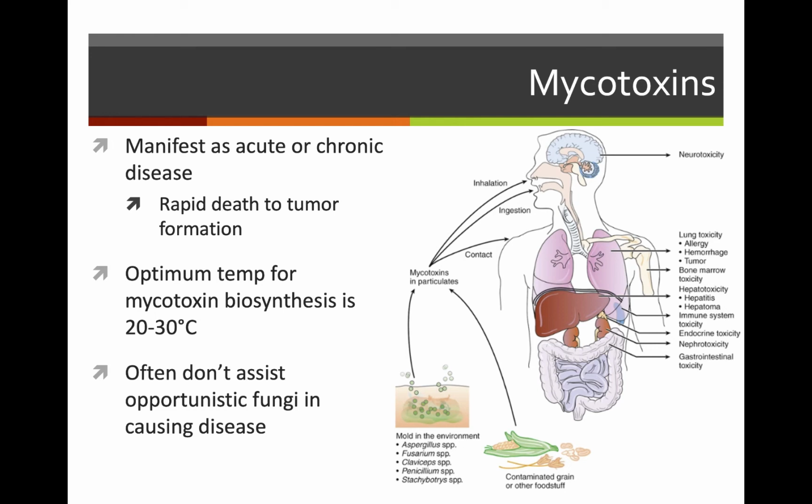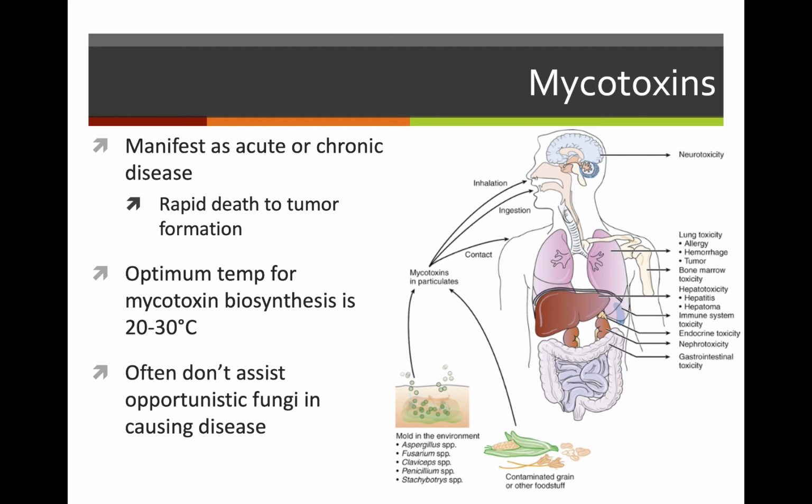Because remember, something like aspergillus is capable of producing a mycotoxin. And in fact, it's one of the worst mycotoxins known. It's one of the most potent carcinogens. But it doesn't produce it in the body, and it doesn't help aspergillus cause disease.